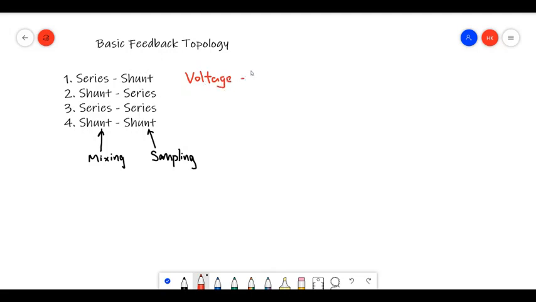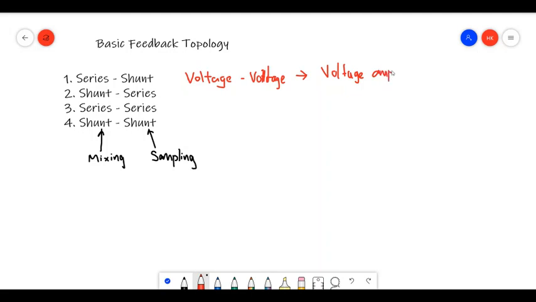That means the output is also a voltage. So in this feedback structure, we give a voltage and we get a voltage as output. So this is a voltage amplifier, right?